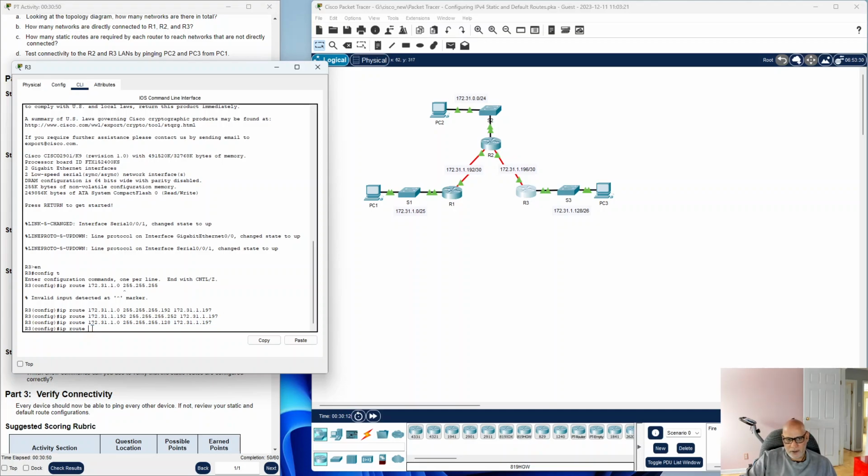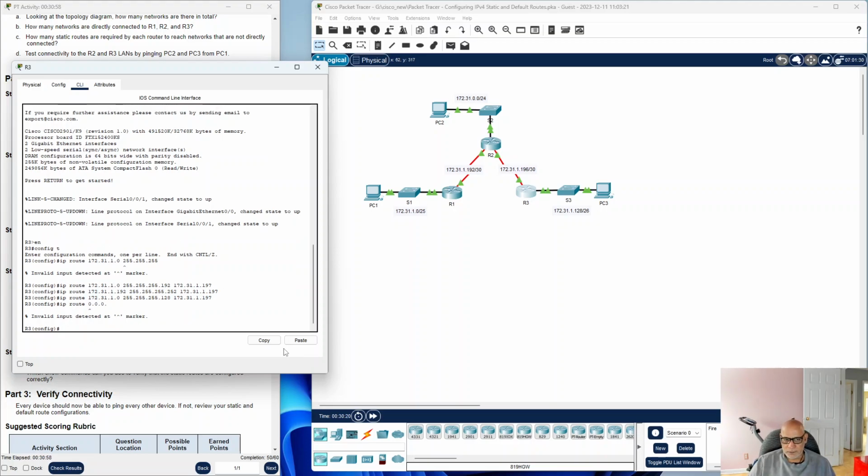In a default route, there are four zeros for the octets. These four zeros represent the network, but it can be any network. This is not any specific network.